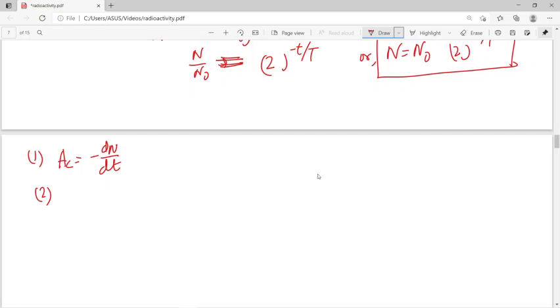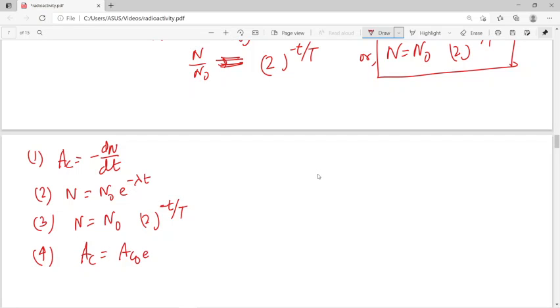If we take the magnitude, then we find N equals N0 e to the power minus lambda t, and another form is N equals N0 times 2 to the power minus t by T. And the activity is also written like that.